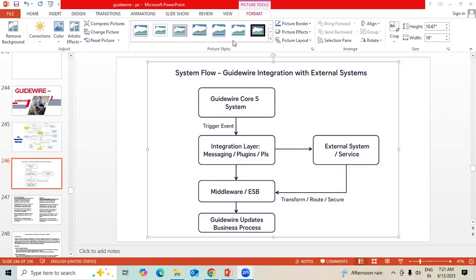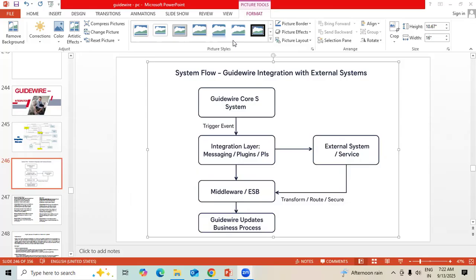We follow event-driven architecture, through the application event services which are built on Apache Kafka for any real-time data exchange, or an integration framework for any traditional synchronizations. Either it can be SOAP, RESTful API, and all that.